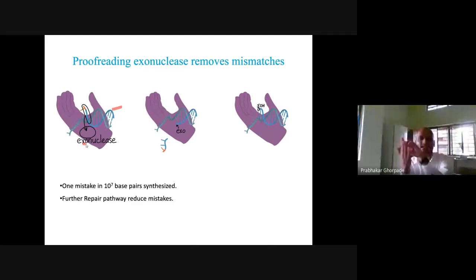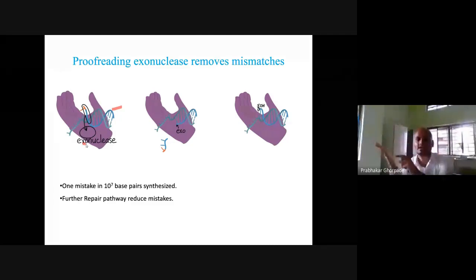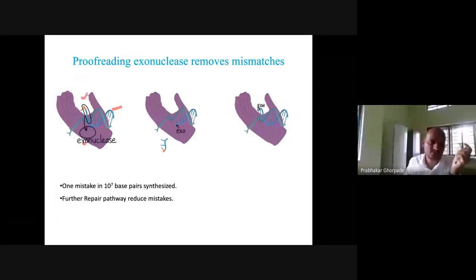So this DNA will turn on itself, and this mistake will turn inside onto the palm of the hand, where the exonuclease activity is. The DNA will come here, the exonuclease will cut it out, and again this 3' OH will be presented at the correct position of the DNA polymerase. So that's why the DNA polymerase activity can again go forward and add the correct bases.